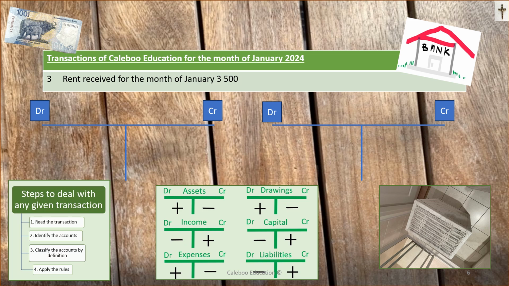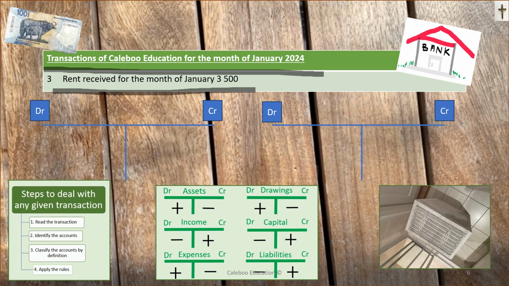So let's have a look at this next transaction. It says transactions of Calibu Education. Right, rent received for the month of January, 3,500. So Calibu Education rents out some of its office space, and 3,500 has been received for the month of January. So we follow these steps once again.